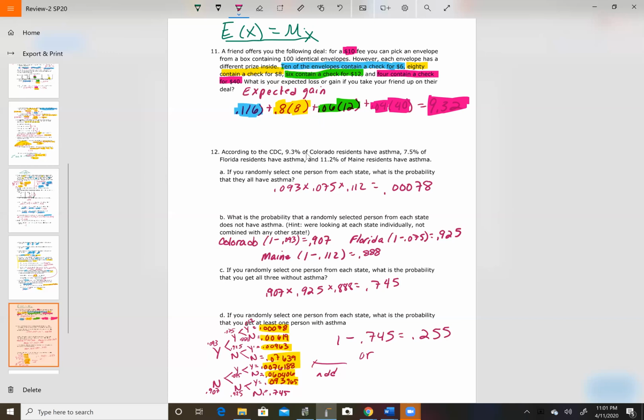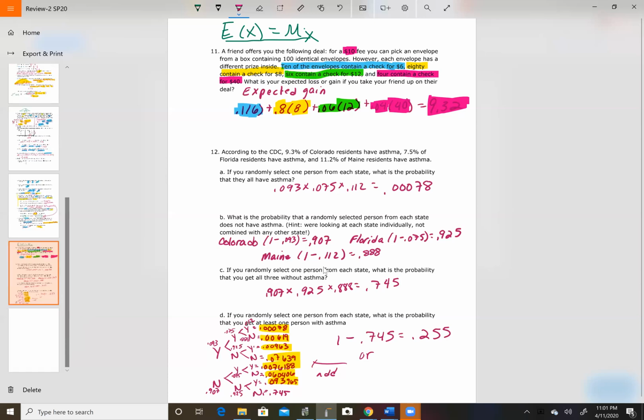Okay. Question 12. According to the CDC, 9.3% of Colorado residents have asthma. 7.5% of Florida residents have asthma, and 11.2% of Maine residents have asthma.